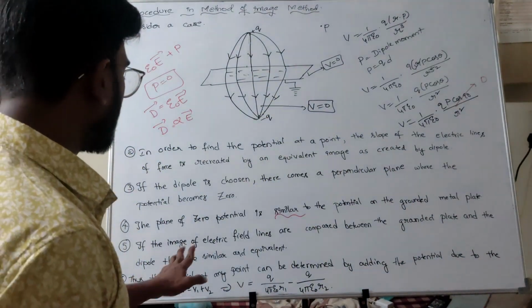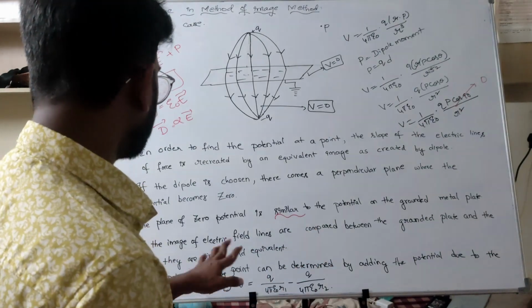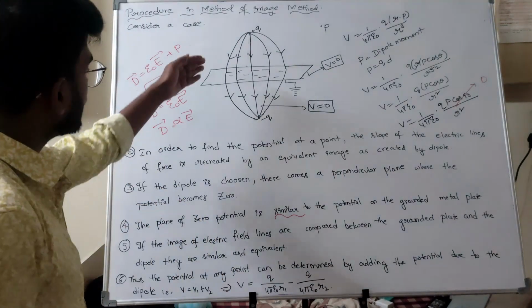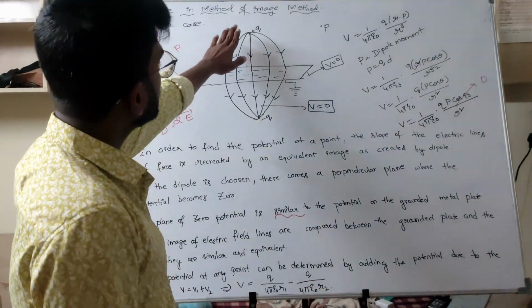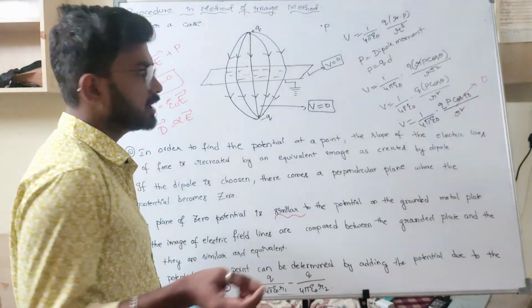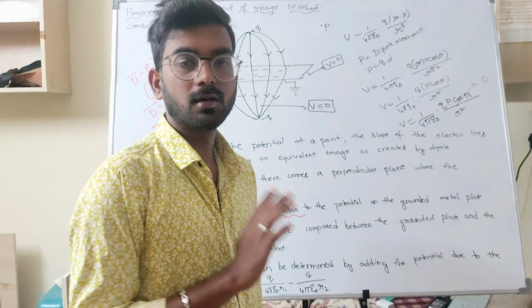And the fifth point: if the images of the electric field lines are compared between the grounded plate and the dipole, they are similar and equivalent. What is the meaning of the statement? The electric field lines originate at plus Q. Actually, the electric field lines appear to terminate on the conducting plane in the real case.